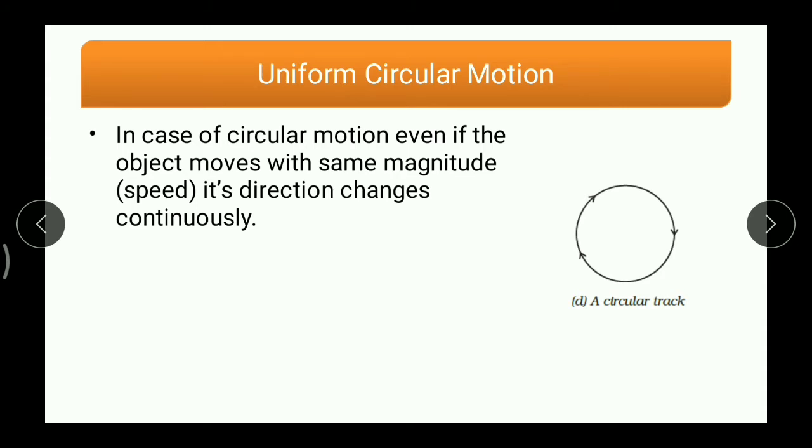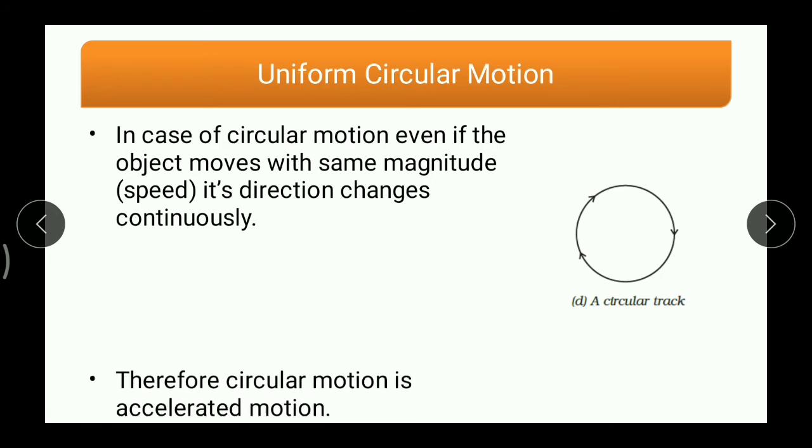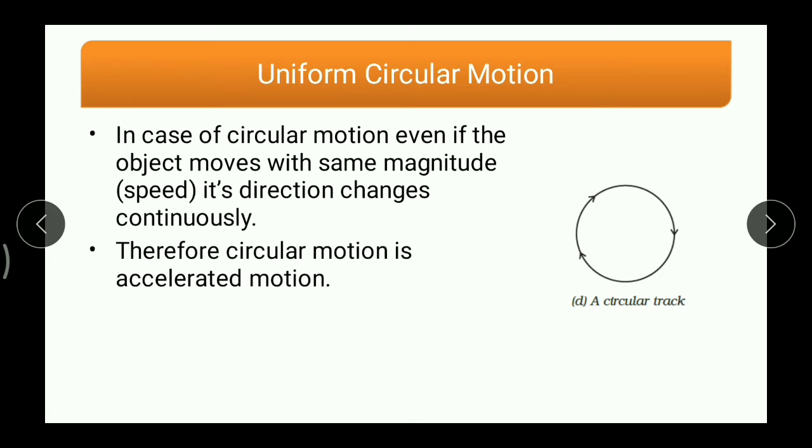I repeat, even if he keeps his speed the same, his direction changes continuously. At no point will he keep his direction the same. At each and every point he will have to change direction. Thus, circular motion is an accelerated motion, because its direction is changing.